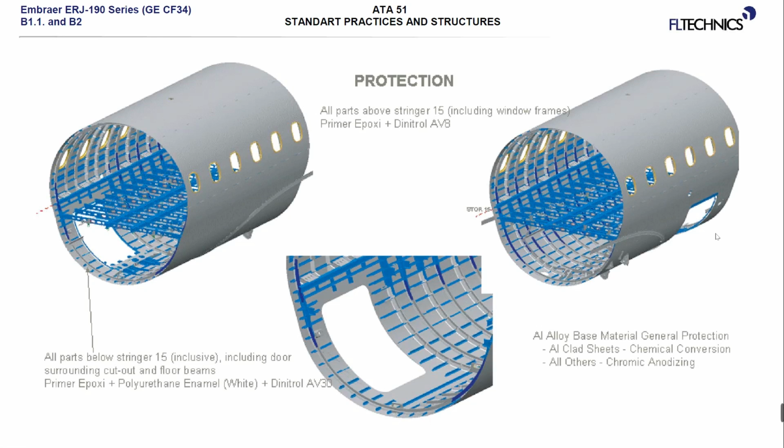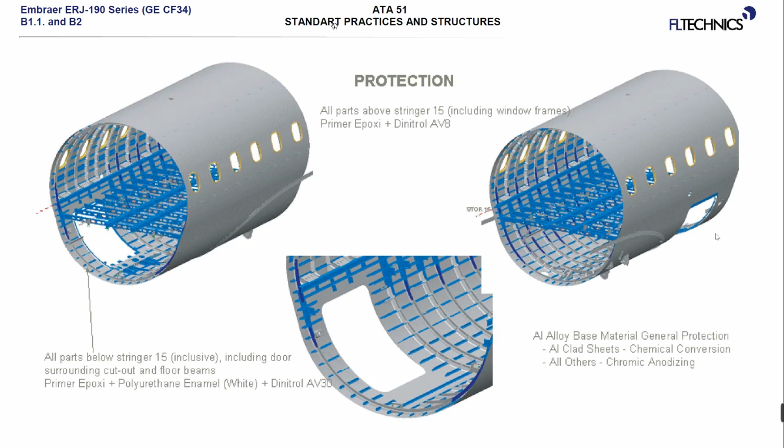All this structure is protected. It doesn't matter if it's composite or metal structure, it is protected, because of corrosion, against some kind of contamination if possible, and depending on the material used for the structure, there are different protections used to protect this specific surface.